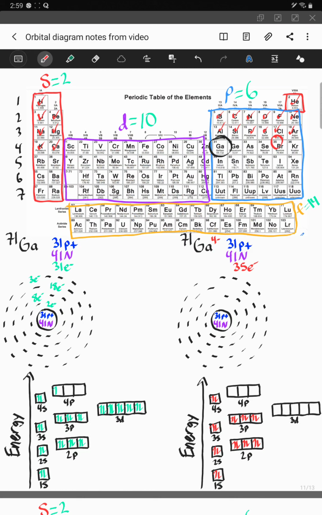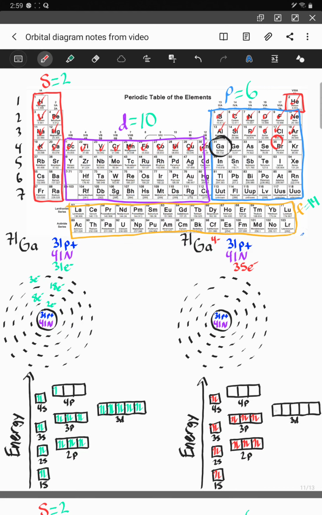So we are now going to fill in the 3d. Don't forget that the d orbital, even though it's located on the 4th row of the periodic table, is the 3rd energy level. So let's see how many we need to fill in there. Keep checking off boxes until we get to the element that we said we're going to, bromine.